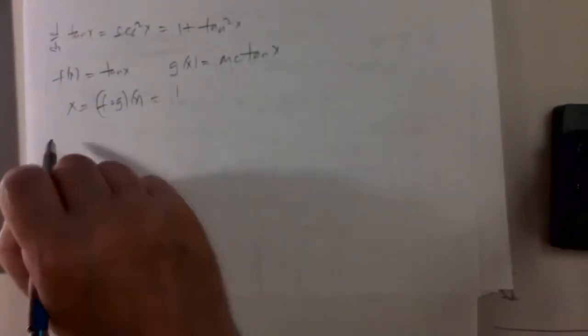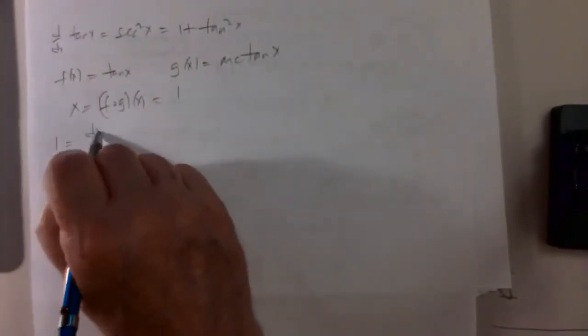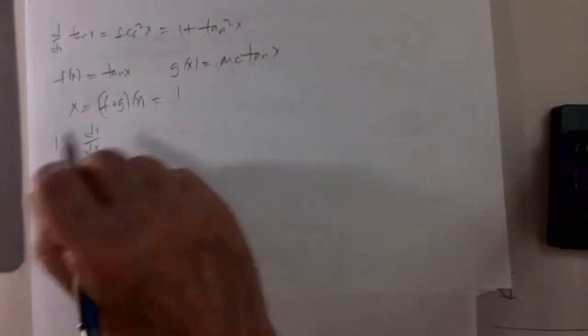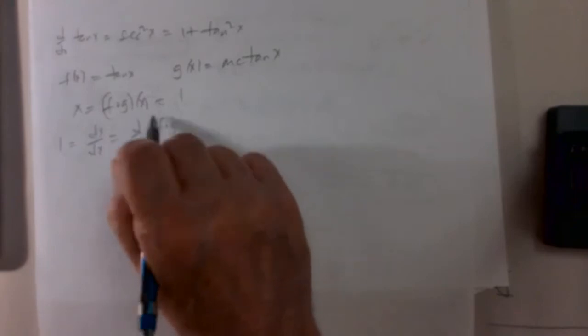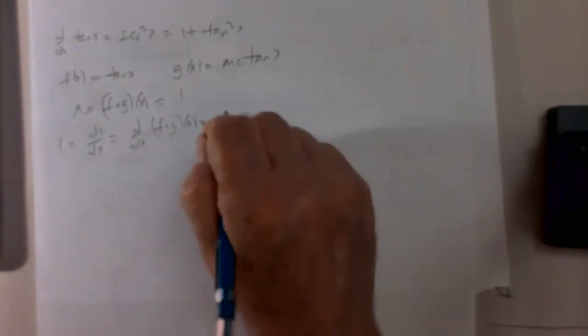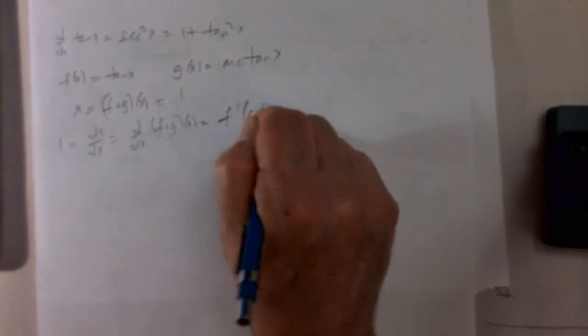So when we differentiate, the derivative of x with respect to x is 1. That's the derivative of this composite function. This is f prime of g of x, times g prime of x.